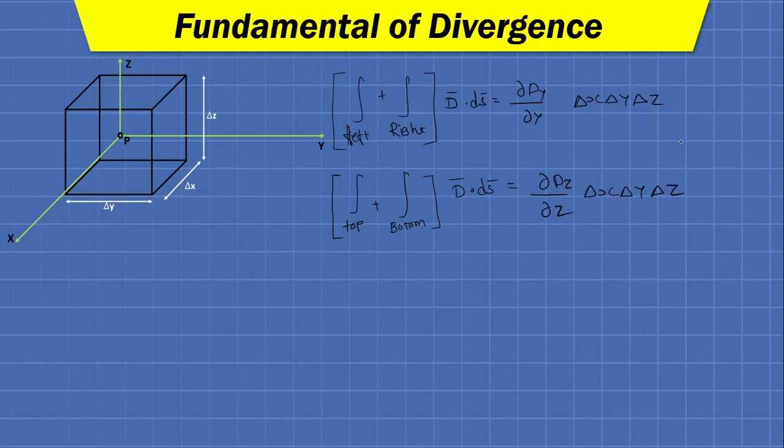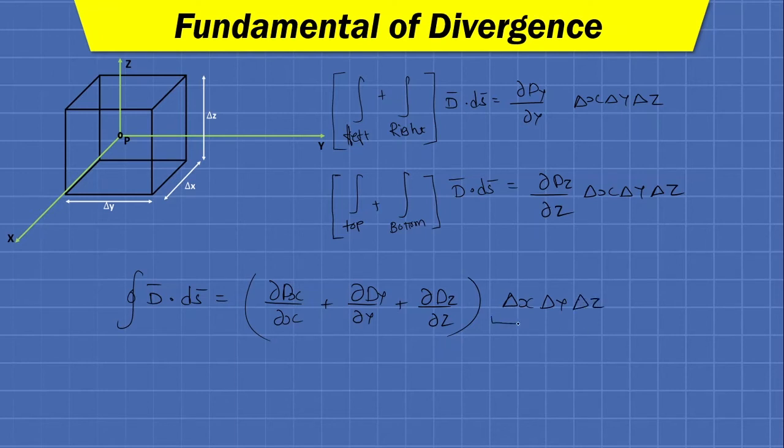If we add all these integrations, the closed integration of D bar dot ds bar can be written as del Dx by del x plus del Dy by del y plus del Dz by del z, multiplied by delta x, delta y, delta z.